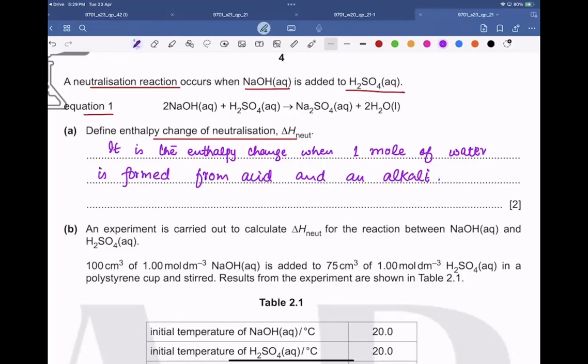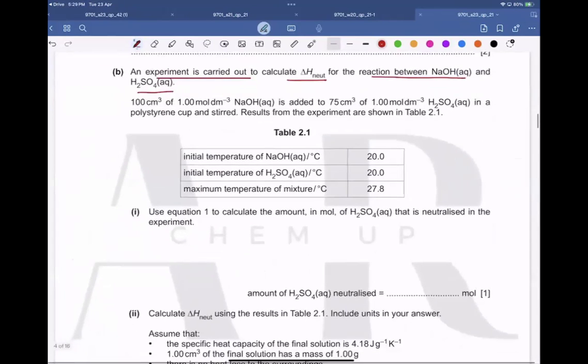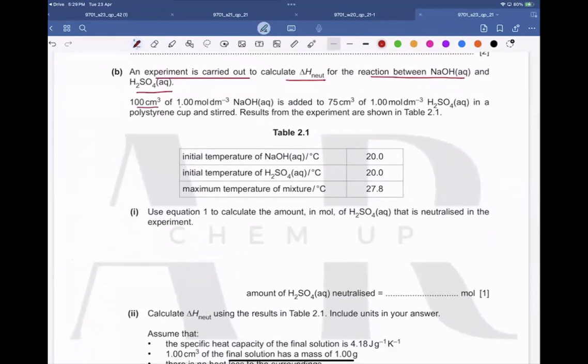Now, B part. An experiment is carried out to calculate the enthalpy change of neutralization for the reaction between sodium hydroxide and sulfuric acid. 100 cm3 of 1 mol per dm3 sodium hydroxide. So let's do a little homework over here.